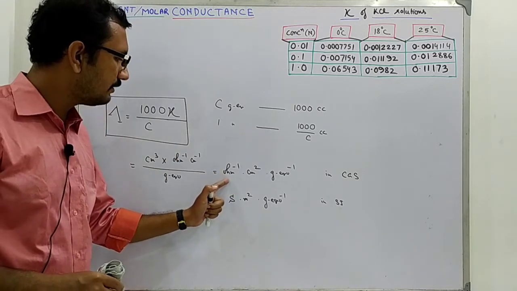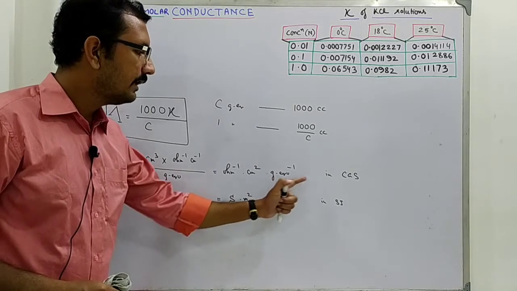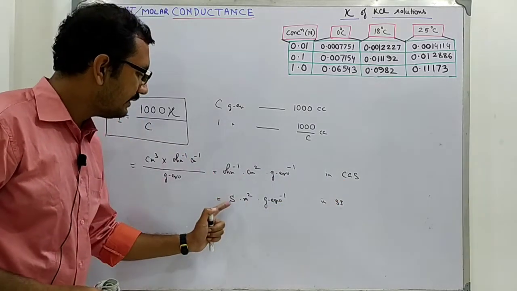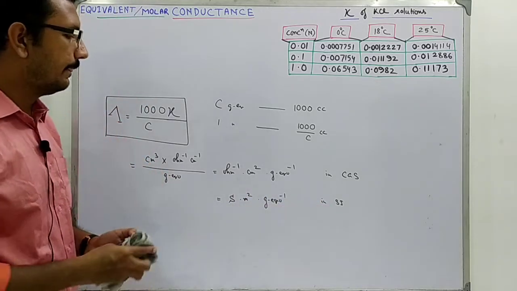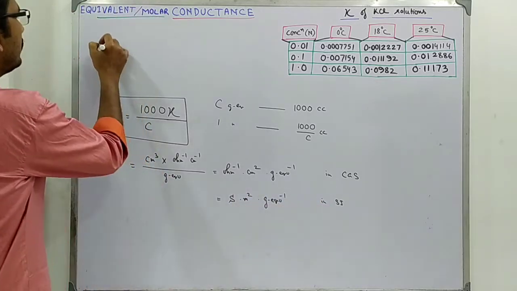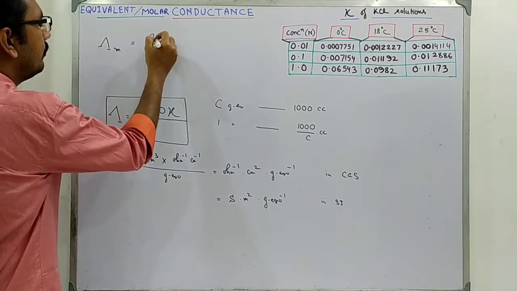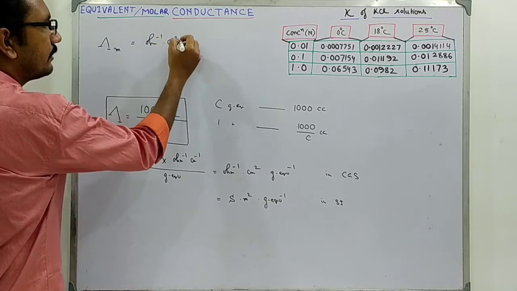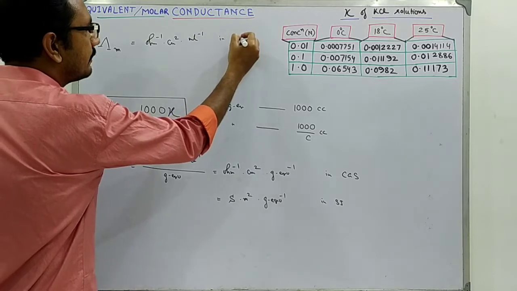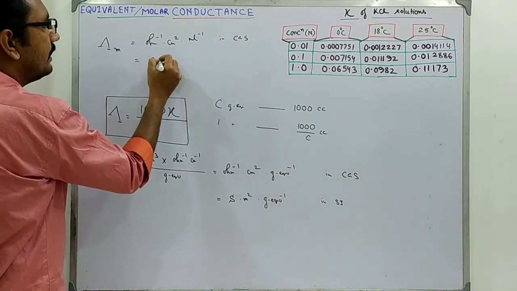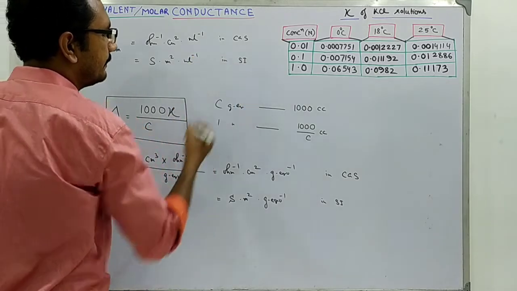It will be ohm inverse centimeter square per mole in CGS and Siemens meter square per mole in SI. So, for molar conductance the symbol is lambda m and its unit will be ohm inverse centimeter square per mole in CGS, and Siemens meter square per mole in SI.